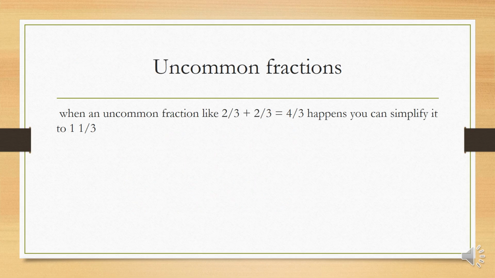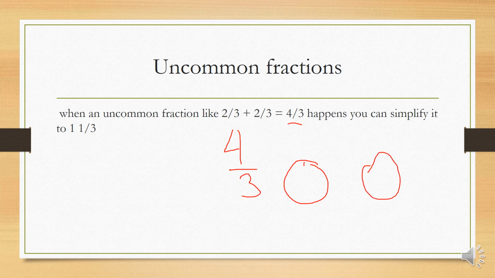Now we're going to figure out how to convert an uncommon fraction to a mixed number. Like, let's say 4 over 3. 4 over 3 basically means 2 pizzas, right? But there's only one problem. Guess what the problem is? One of them is full, then for the other one, only one slice has been eaten.